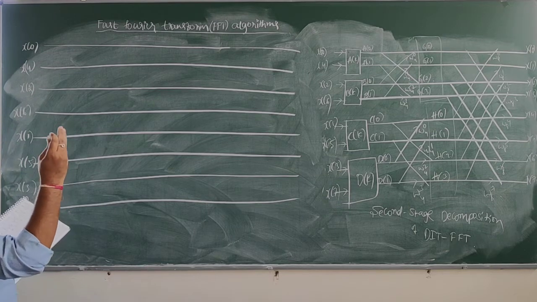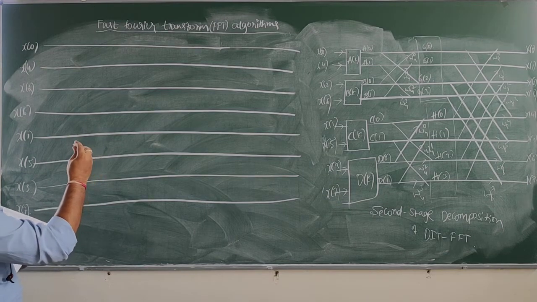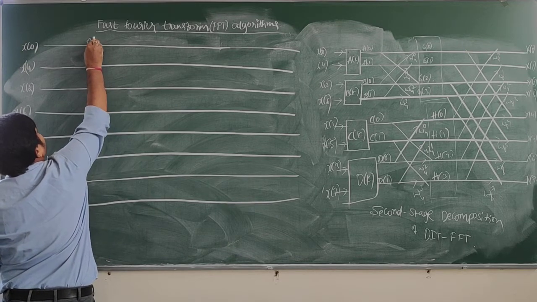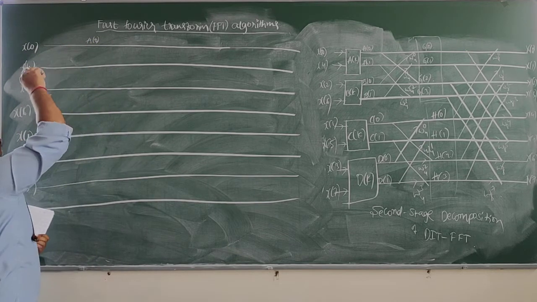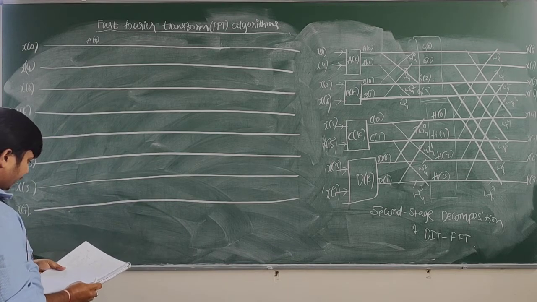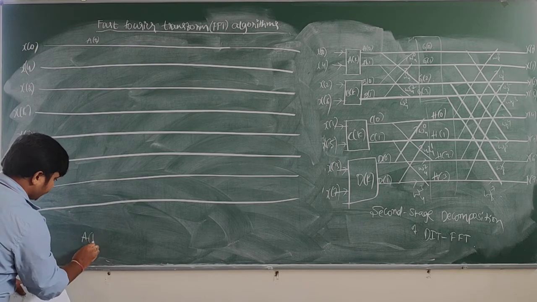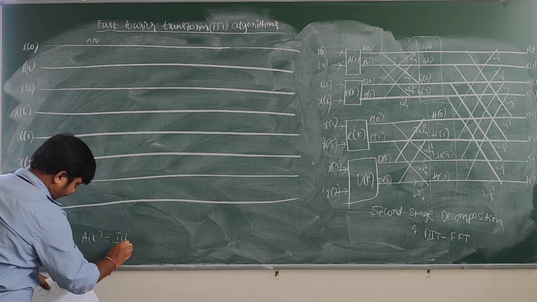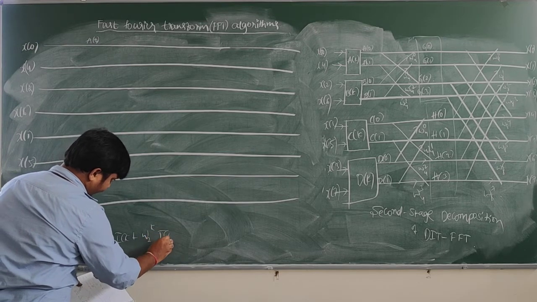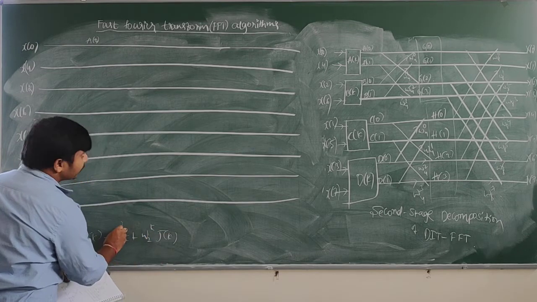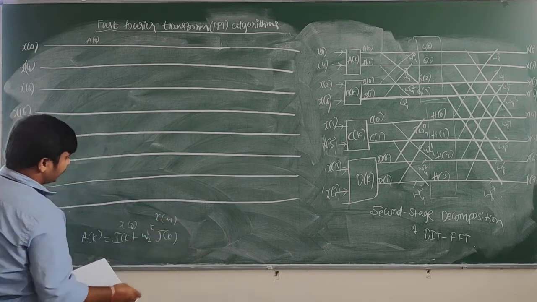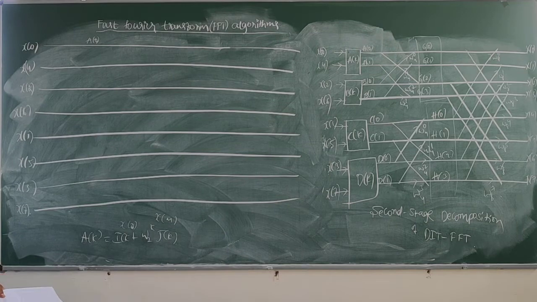Okay, so next I have a of 0, a of 1. What is the equation for a of 0? I had an equation like this, a of k is equal to I of k plus w2 power k into j of k. Okay, so this is corresponding to input x of 0 and this is corresponding to input x of 4.